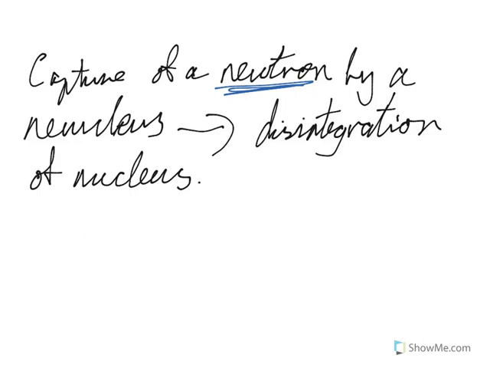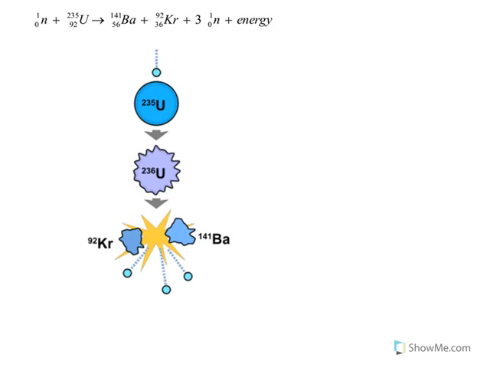Alright, so in our nuclear reactor, what happens? The equation's up the top, and here's a diagram. We fire a neutron into a uranium-235. That then becomes uranium-236, which is unstable.